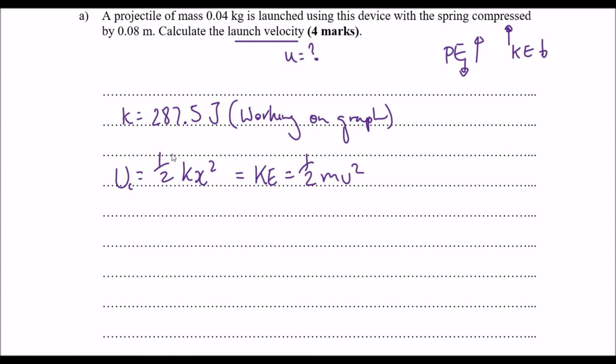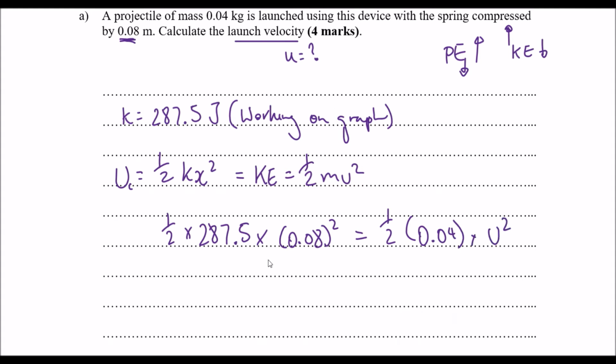Okay. Next we already know what k is, that's 287.5, times the displacement that we have here, 0.08 squared, equals half mass, which is 0.04, times the velocity squared, which is what we're trying to find here.